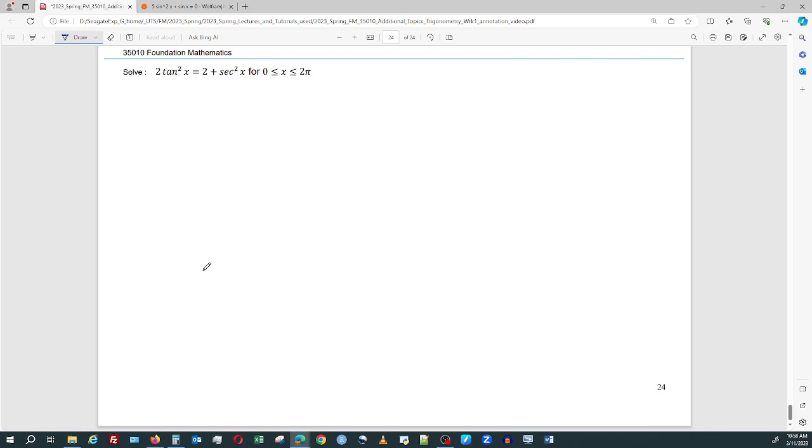2 tan x equals 2 squared x. So if we use our Pythagoras, we can do tan squared theta. So again, just on the run, you can do it this way.